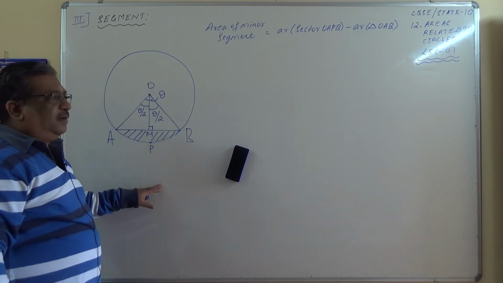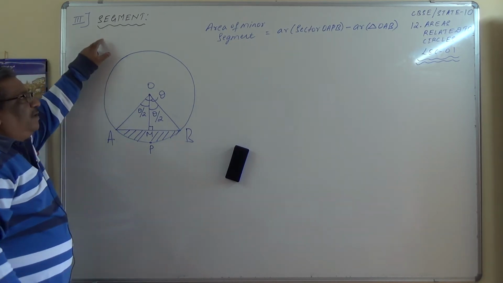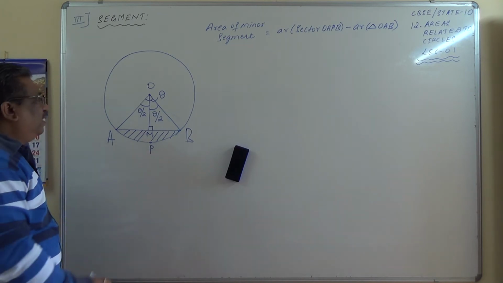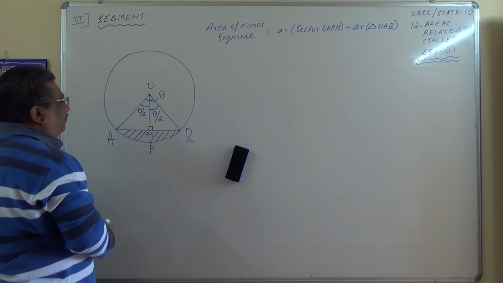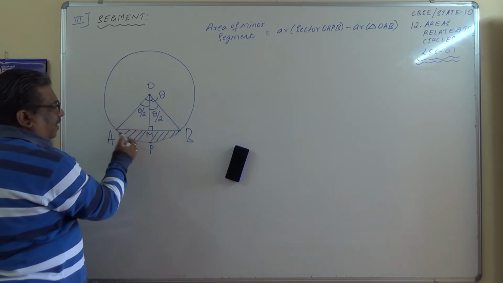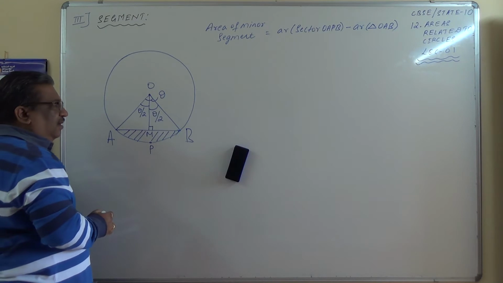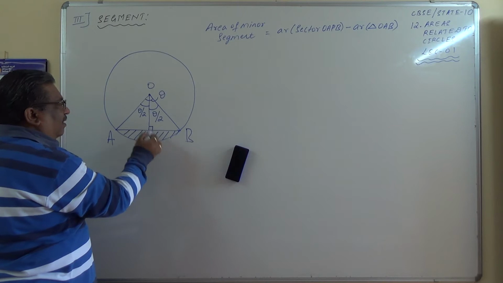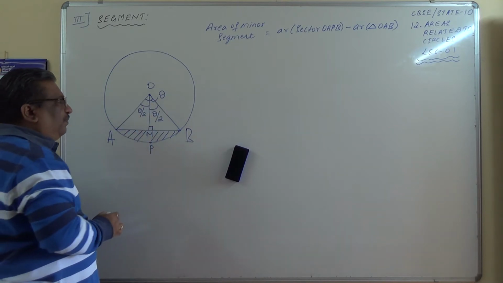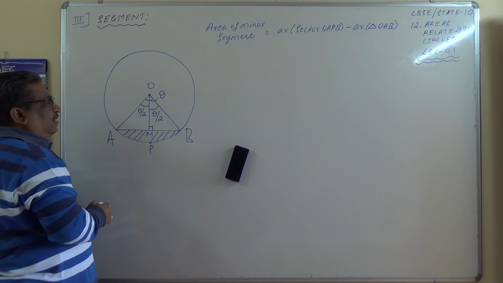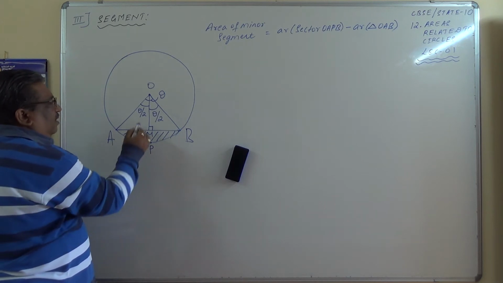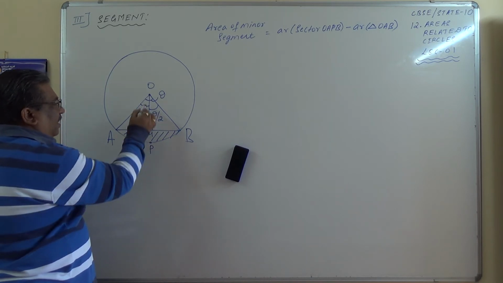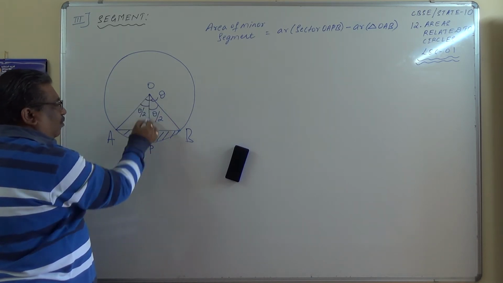Now let us take a segment. We try to find out now the area of the minor segment and major segment. Just to explain the diagram, OAPB is a sector and the angle of the sector at the center, made by the arc APB, is theta. Join the points A and B and draw a perpendicular from the center, OM.